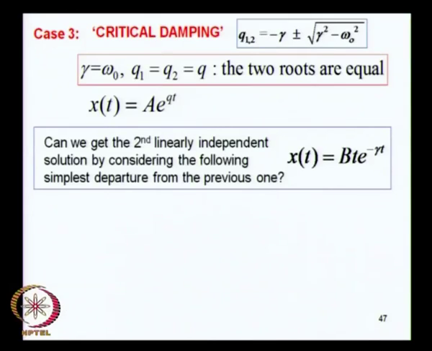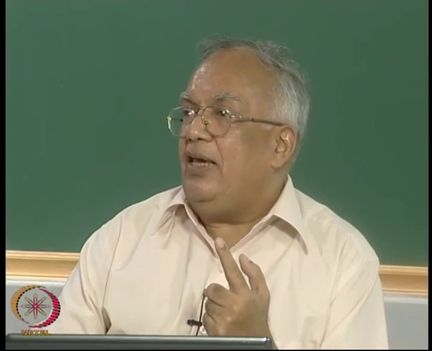So what you can do is look for the simplest linearly independent solution by considering the least departure from the previous one. So if the previous one was e to the qt, you multiply it by some function of t.